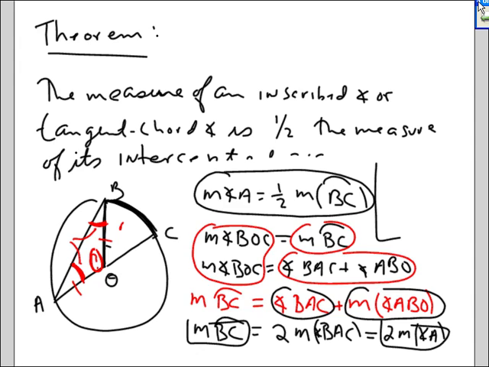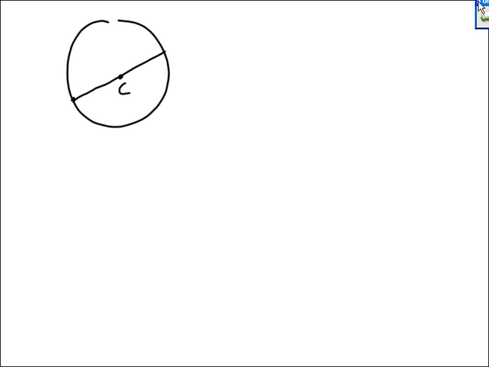Let's go back. Yeah, let's use a whole clean page. Now with that ammunition, we can do the next proof. But just to remind you, what we proved so far is, if you have an inscribed angle and one leg is a diameter, that is, it crosses the center, well, we just proved that this arc is twice that angle.